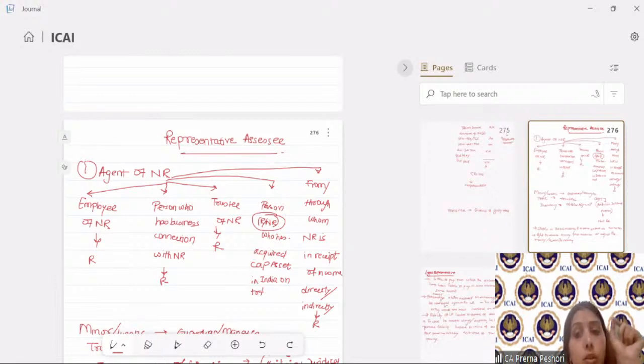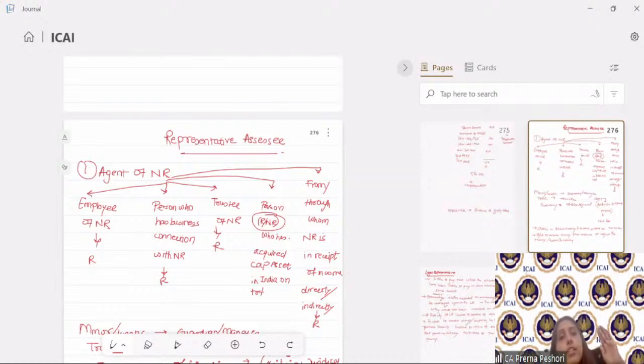Now, in case an executor has been appointed, in that case also the assessment can be made on the executor. So what happens generally is when a person dies, if there is a legal representative only and no executor, then the assessment will be made on the legal representative.